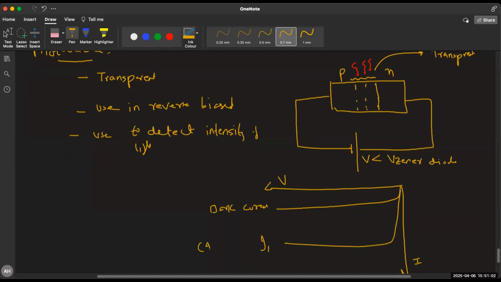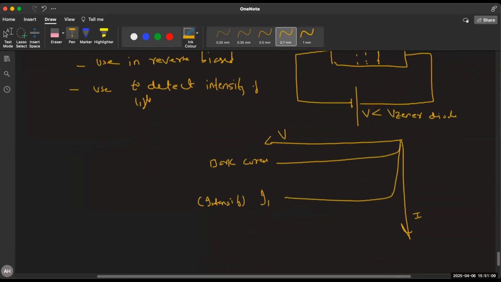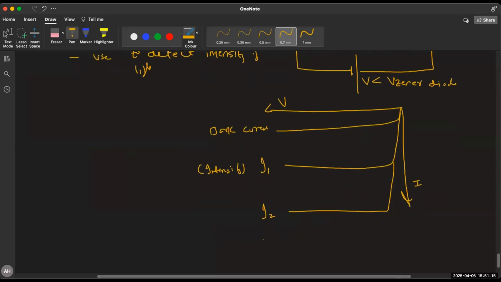This I1 is for this intensity. When you increase the intensity further, means you are incidenting more photons, your current will increase also. So on increasing the intensity, I2 is greater than I1. Just by looking at the current, you can decide what is happening with the intensity of the light.